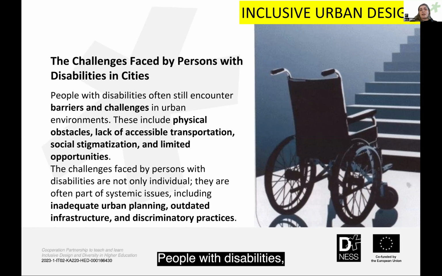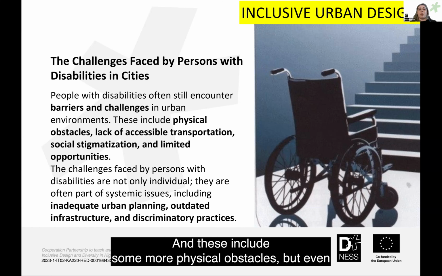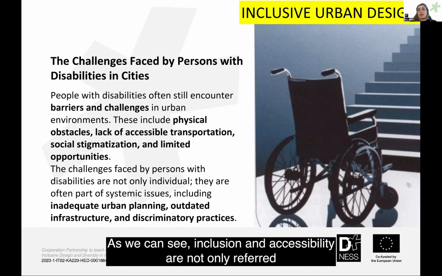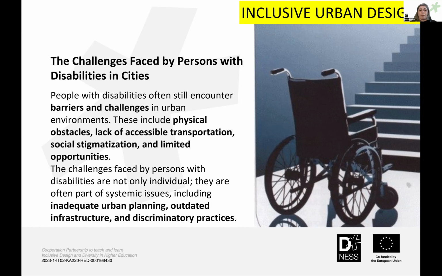People with disabilities still find a lot of barriers in their usual daily urban environments, and this includes both physical obstacles, but even a lack of accessible transportation, social stigmatization, and limited opportunities. As we can see, inclusion and accessibility are not only referred to the physical dimension, but even to the emotional ones.